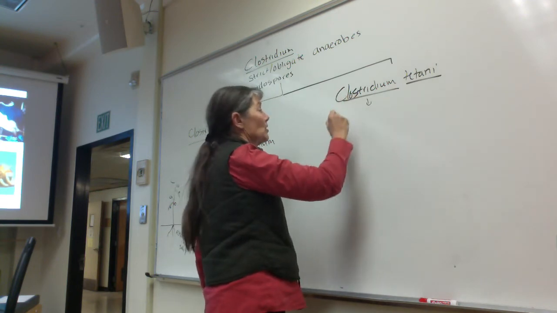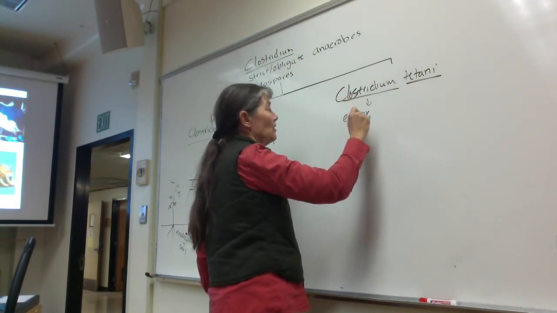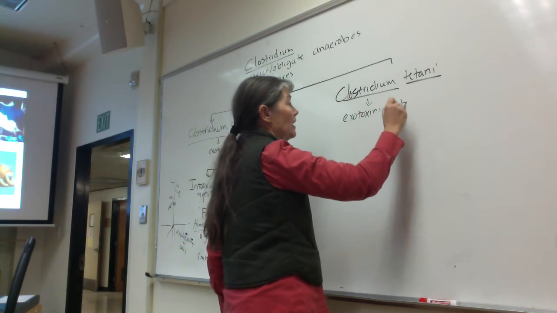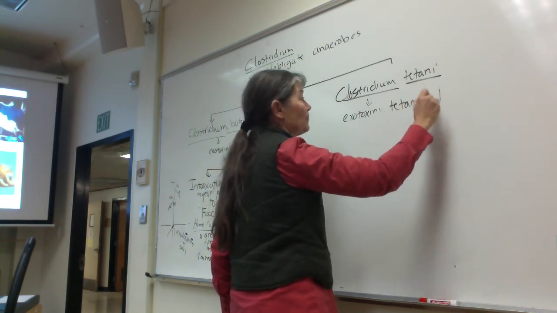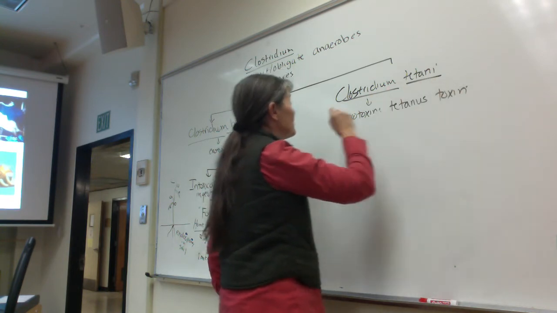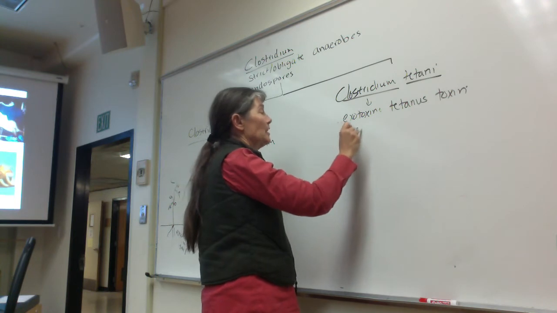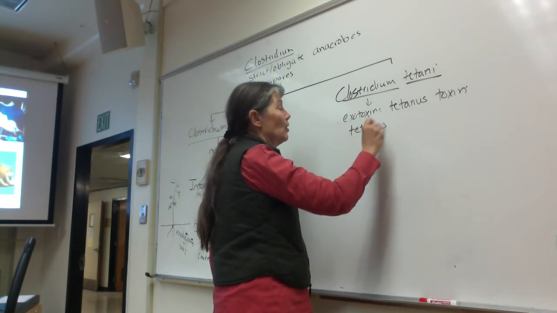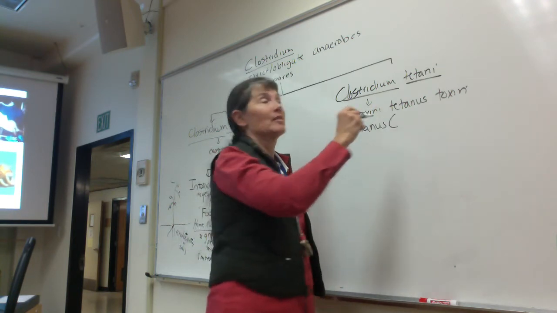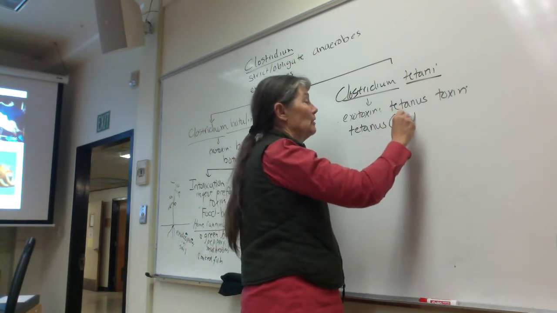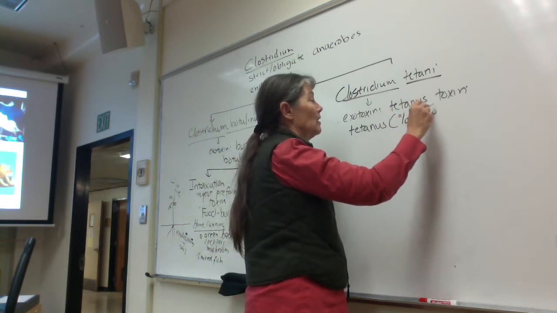So the exotoxin, we're just going to call it generically tetanus toxin. And tetanus toxin is responsible for the disease that we call tetanus, or I know growing up, you guys, my mom would call it lockjaw. Lockjaw?